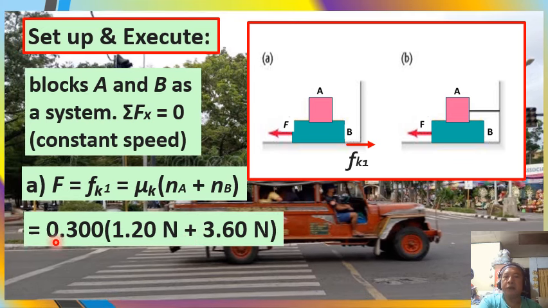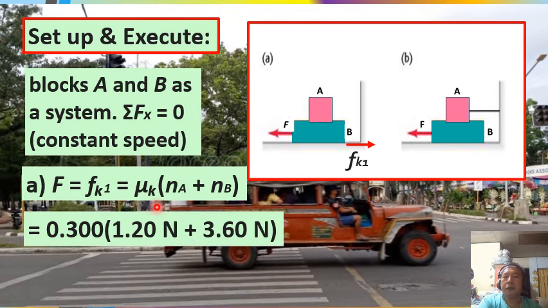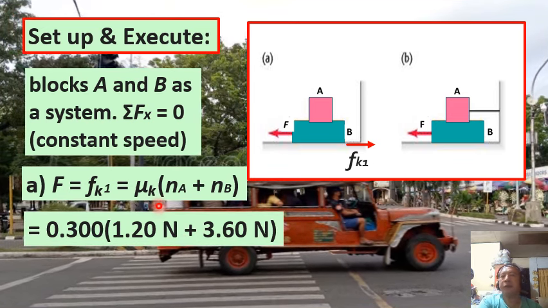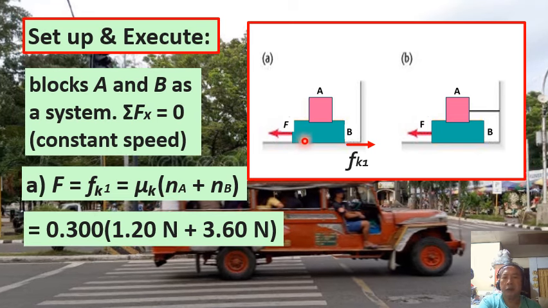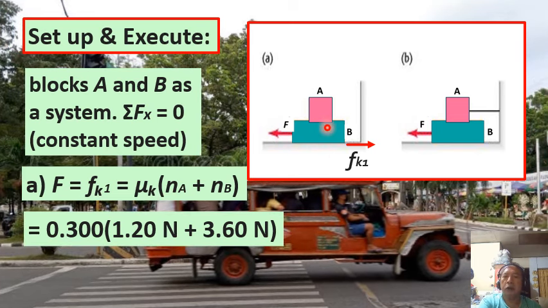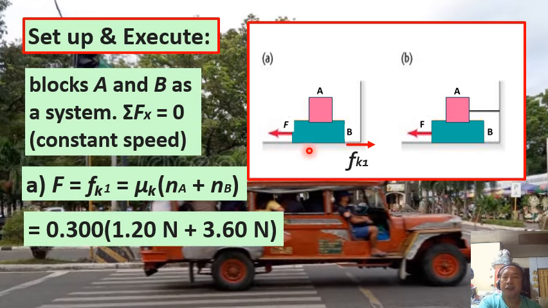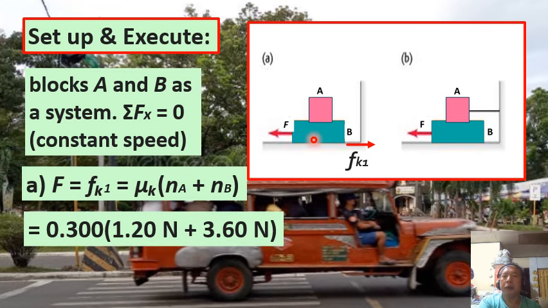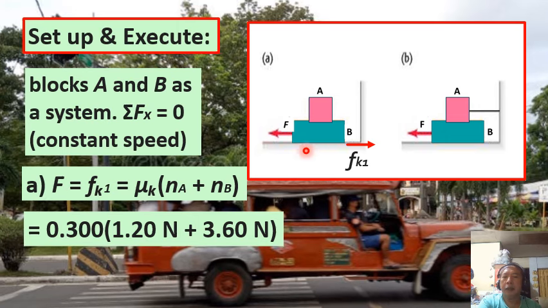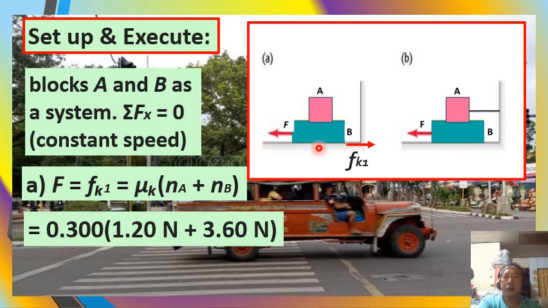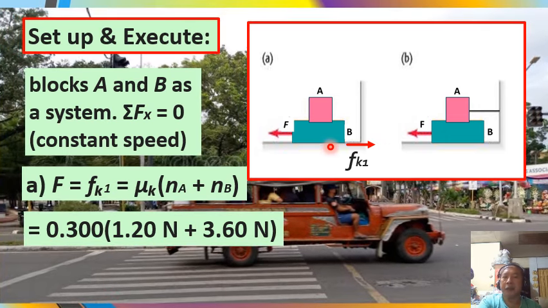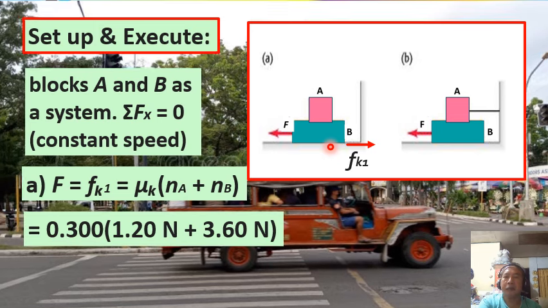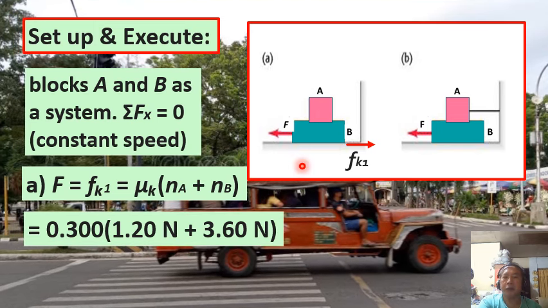We can substitute, since the coefficient of kinetic friction in all surfaces, the surface between block B and the horizontal surface, is the same as the coefficient of kinetic friction between the two blocks.